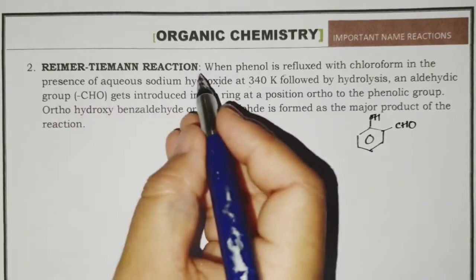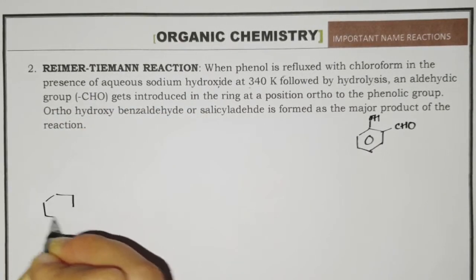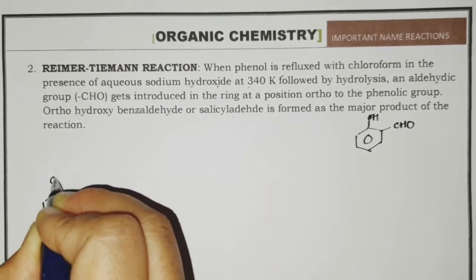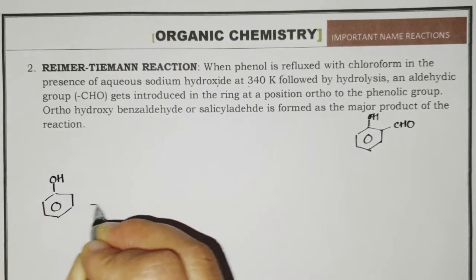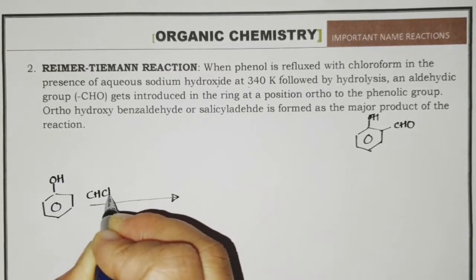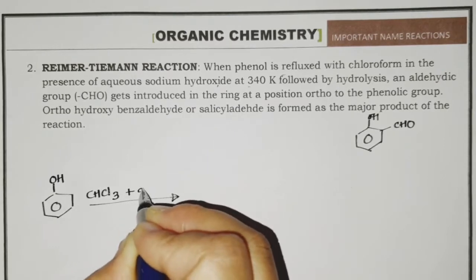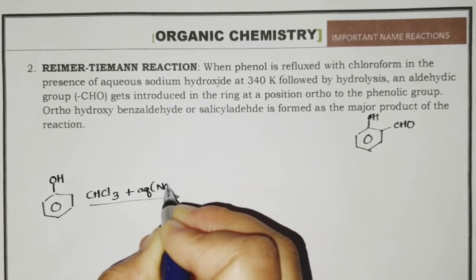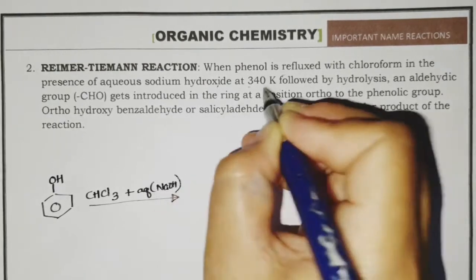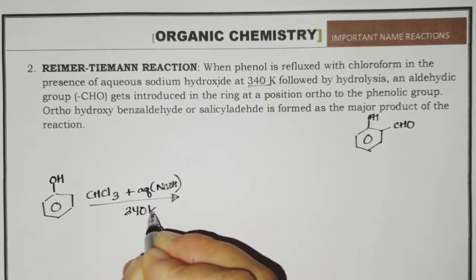Again, in Reimer-Tiemann reaction, this phenol is refluxed with chloroform, formula CHCl3, then aqueous sodium hydroxide is there, at temperature 340 Kelvin.